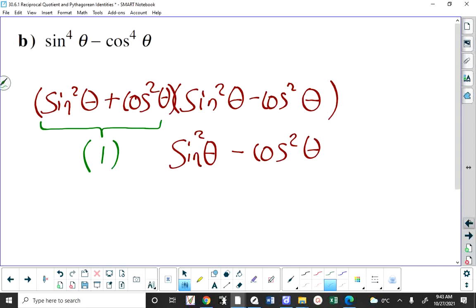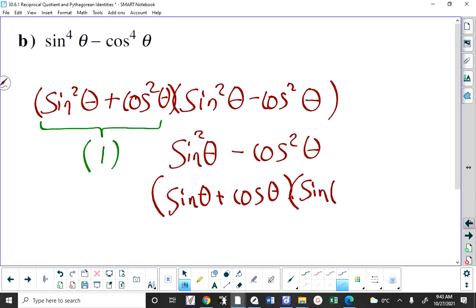It could be. But I could also put for an answer sine of theta plus cos of theta multiplied by sine of theta minus cosine of theta. Because sine squared minus cos squared in and of itself is also a difference of squares.